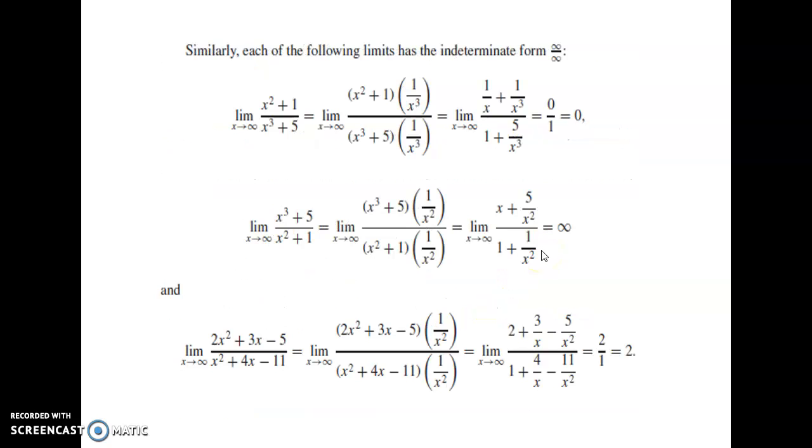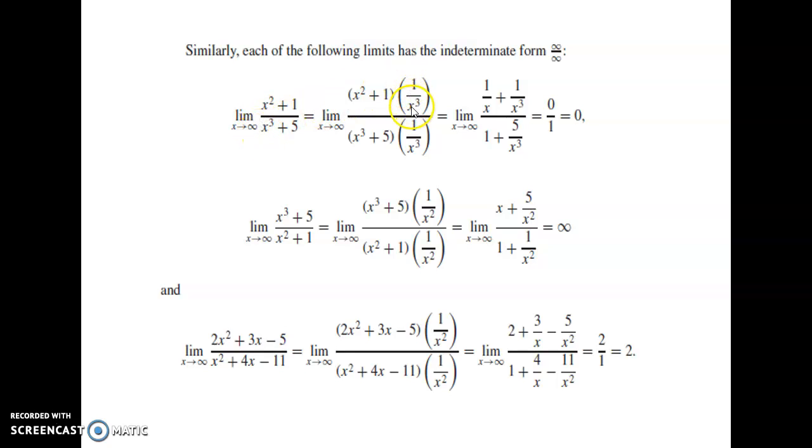Another example. Let's take these three examples. You put x is equal to infinity in these three examples, you get infinity by infinity. But you know that whenever you are asked to find the limit of any function as x tending to infinity, you need to divide the numerator and denominator by the highest power of the denominator.